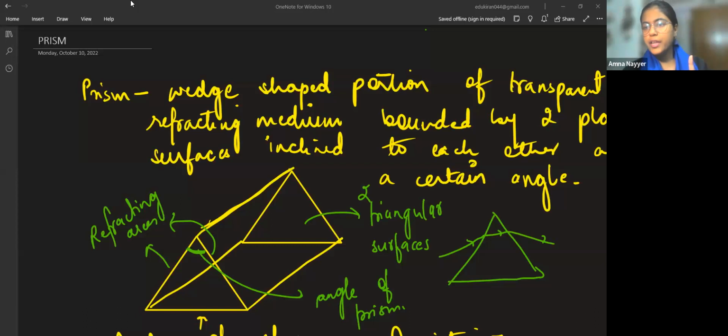Screen is also sharing. Just let me know once. Yes. Okay. Yes, class.